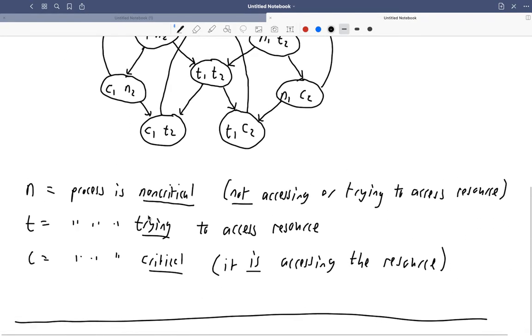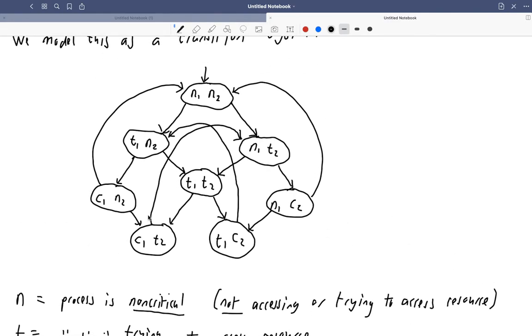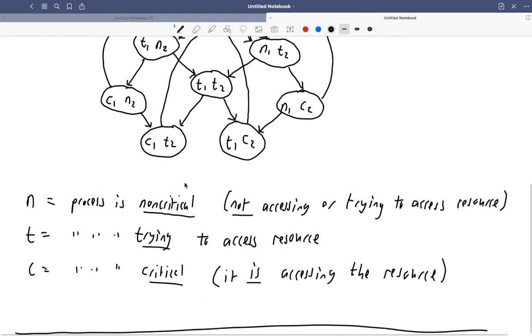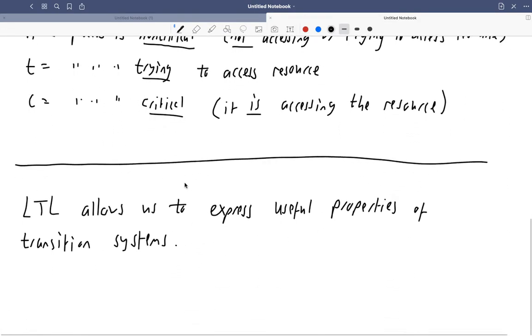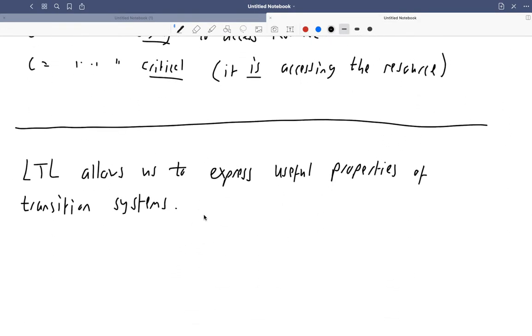So LTL is going to allow us to express properties of runs through the system. But in fact, even though in reality all runs will be finite, it turns out to be very useful to have the abstraction of expressing properties of infinite runs of the system, as we'll see.